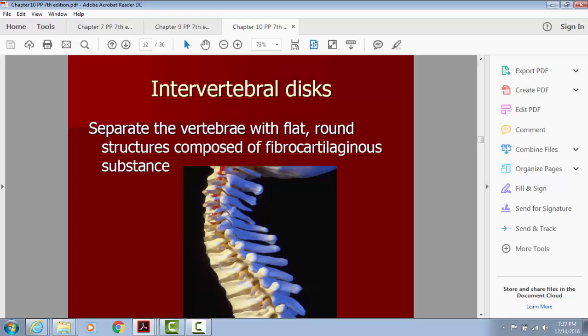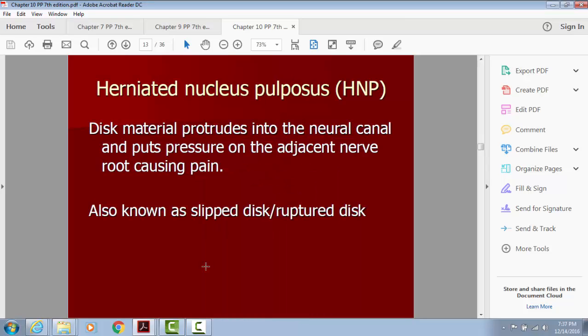What can happen is this can actually be forced out into the neural canal this way. And then there are all kinds of nerves that stem out from the spine, and so it's going to put pressure on one of those nerves. That causes the patient an immense amount of pain. It's also known as a slipped disc or a ruptured disc. That's what most laymen call it, a slipped or ruptured disc, but the medical term for it is herniated nucleus pulposus.